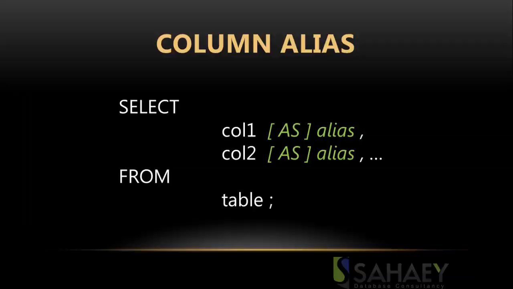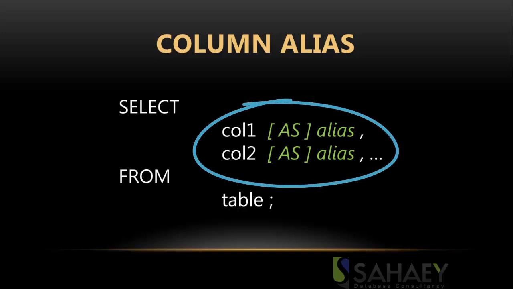Sometimes, especially in the case of expressions, the default column headings may not be appropriate or up to your liking. Oracle allows you to rename a column heading by using a column alias. An alias is the new name for a column and is specified immediately following the column name in the select clause.